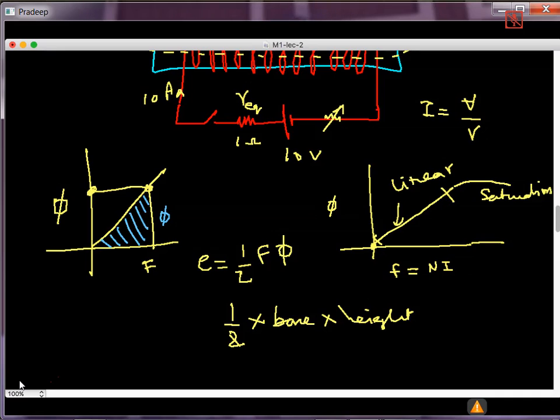Similarly, you can look at this other area also. This is half into F into phi. Because there are two quantities, just to avoid confusion, this one is called co-energy.